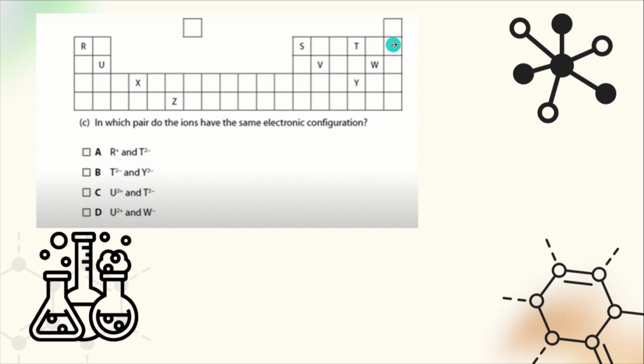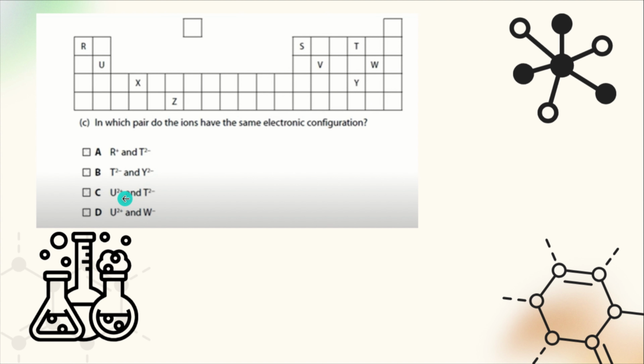R+ will be here, 2- would be here. So they're not the same, not isoelectronic. T2-, T again gains 2 electrons, so it will come here. Y2-, if it gains 2 electrons, it will come here. T will be here, Y would be here, not the same, so not isoelectronic.